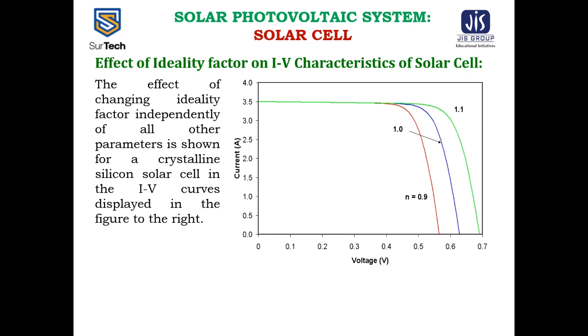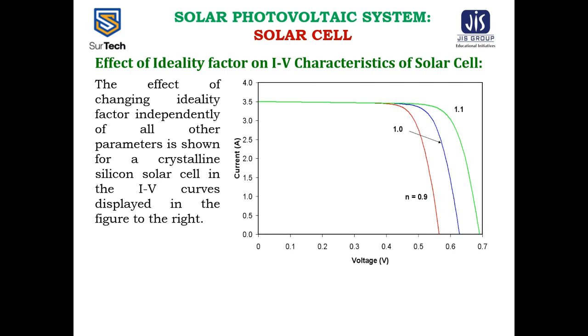The net effect, therefore, is a combination of the increase in voltage shown for increasing n in the figure to the right and the decrease in the voltage shown for increasing I0 in the figure. Typically, I0 is the more significant factor and the result is a reduction in voltage.